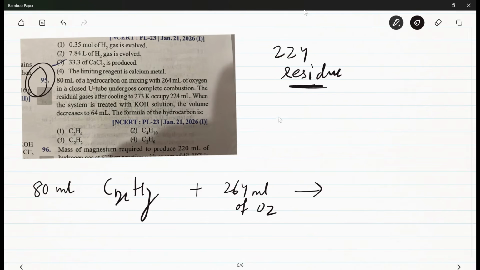Out of this residue, 64 ml decreases when it is treated with KOH. So what is the formula of that hydrocarbon? Here we solved the hydrogen amount and got that hydrogen amount as 2. Let's see how to solve.